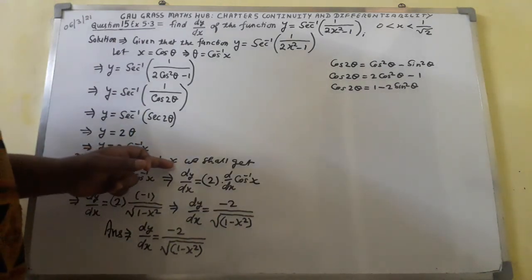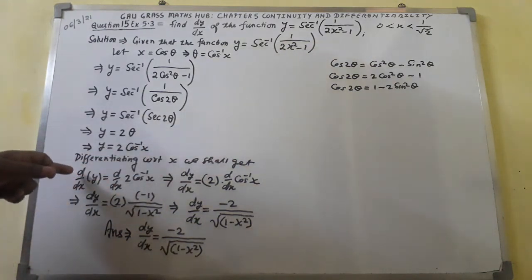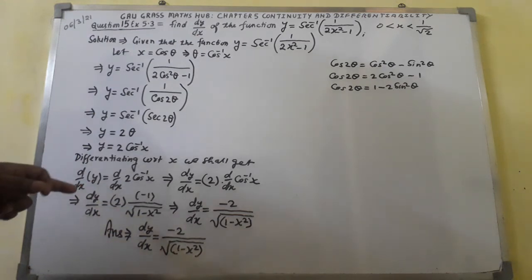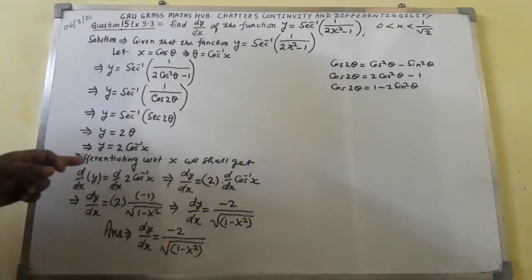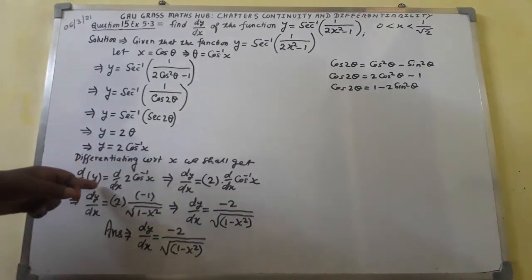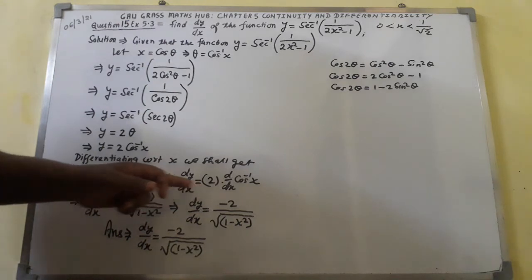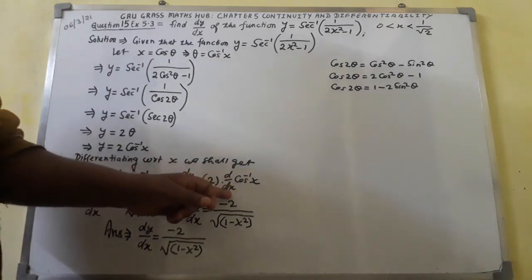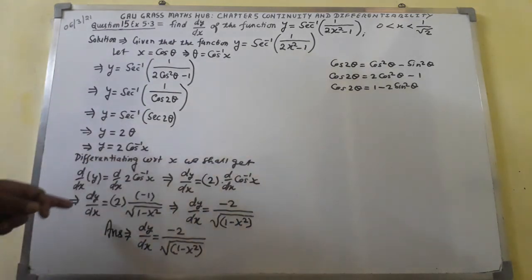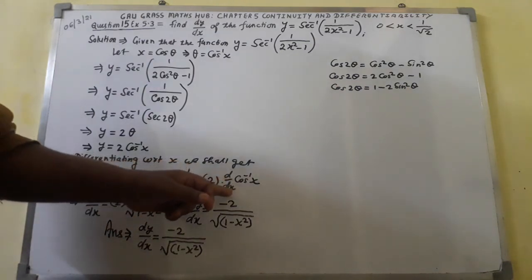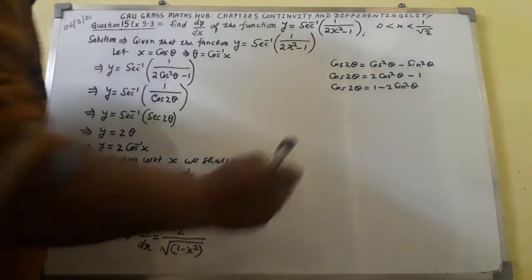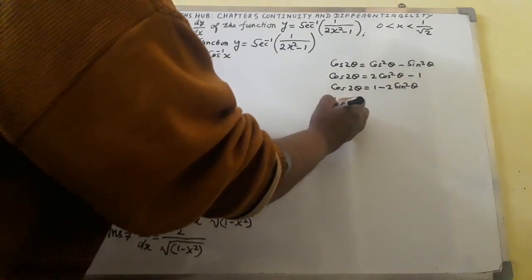Differentiating with respect to x, we shall get dy over dx equal to 2 times d over dx of cos inverse x.